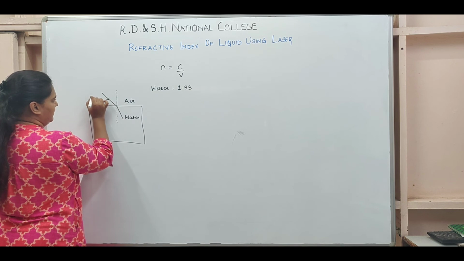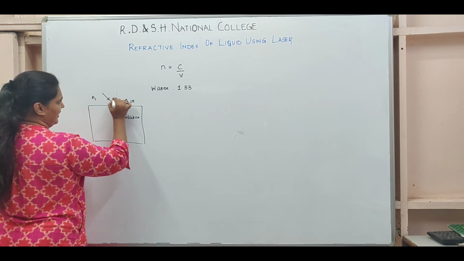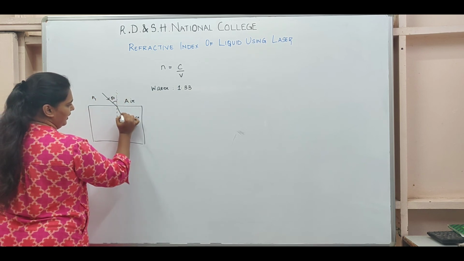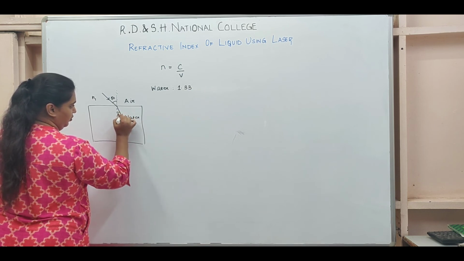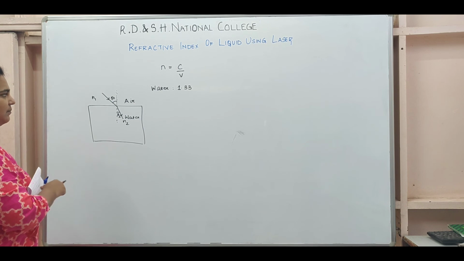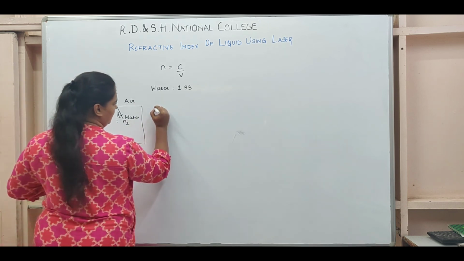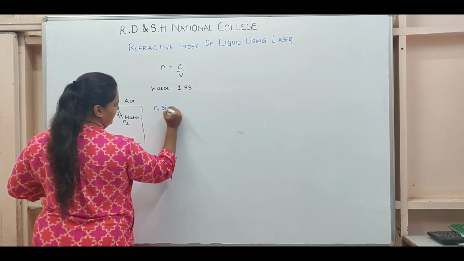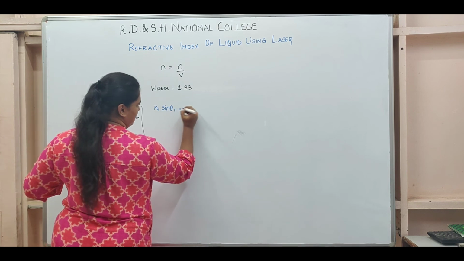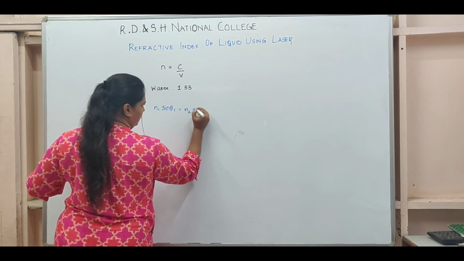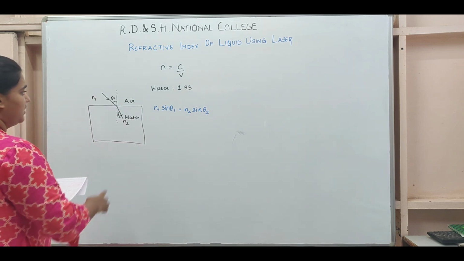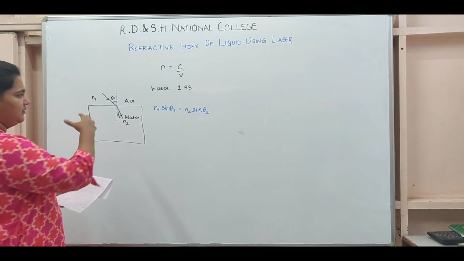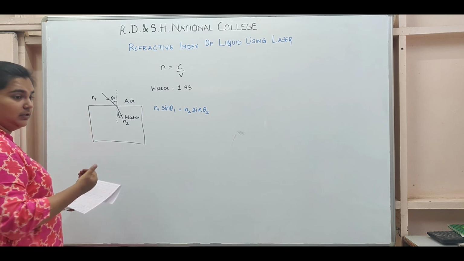The refractive index here is n1, this is angle theta 1. The refractive index of the second medium is n2 and this is angle theta 2. By Snell's law, this relation is given as n1 sine theta 1 equals n2 sine theta 2. So RI can give us how much light bends when it moves from one medium to another.